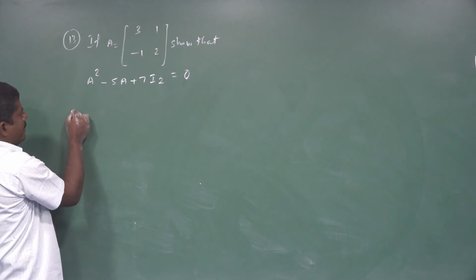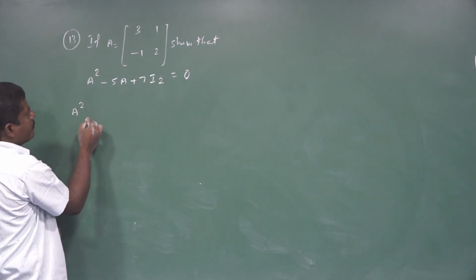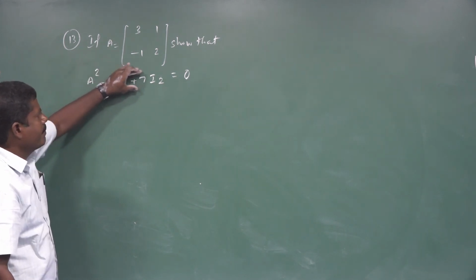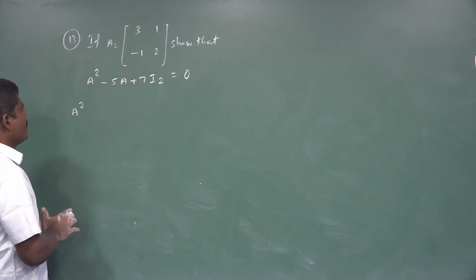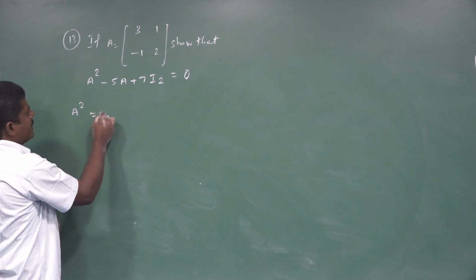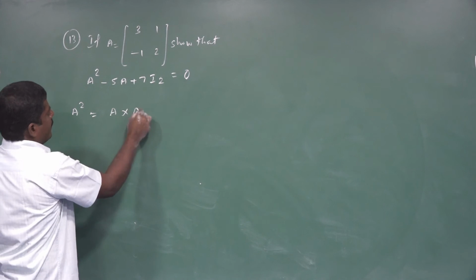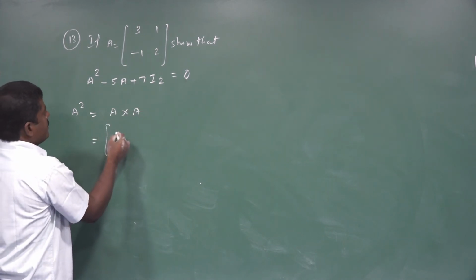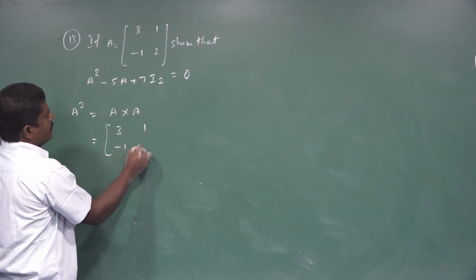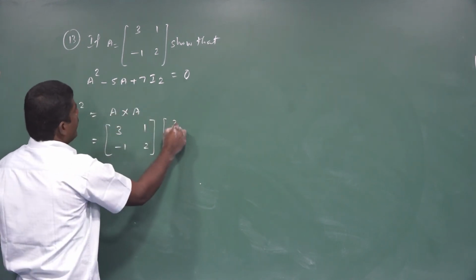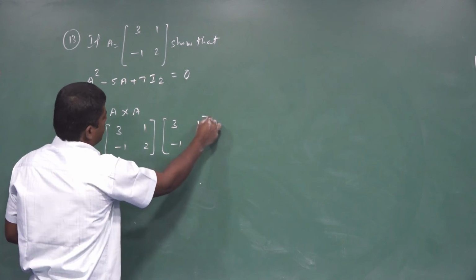So, now the left side, A square minus 5A plus 7I2. First you find A square. A square is nothing but A multiple A. A matrix is 3, 1, minus 1, 2, multiple again A matrix 3, 1, minus 1, 2.